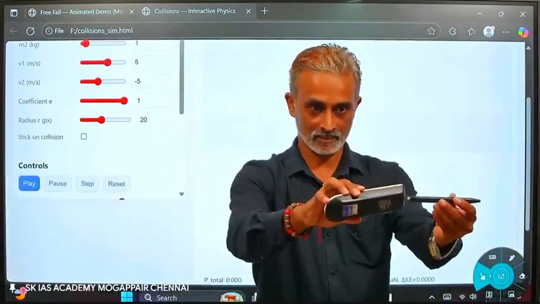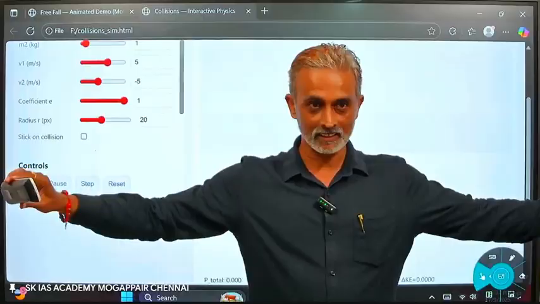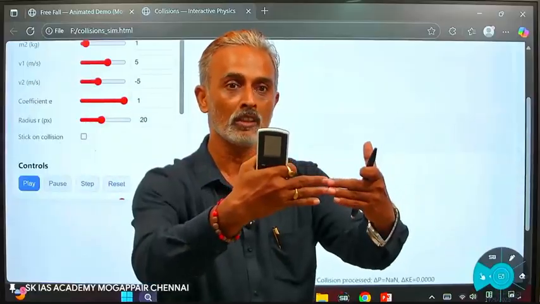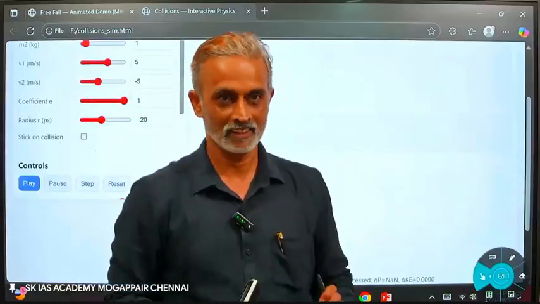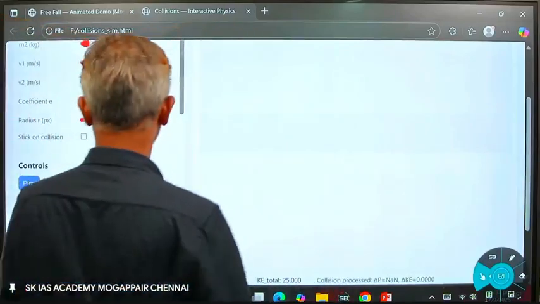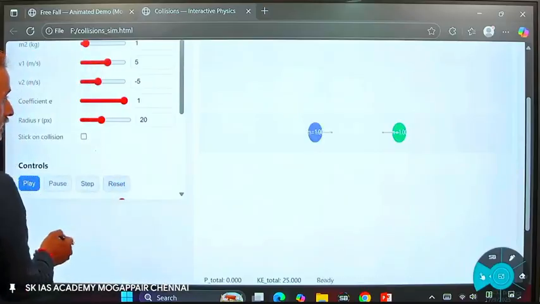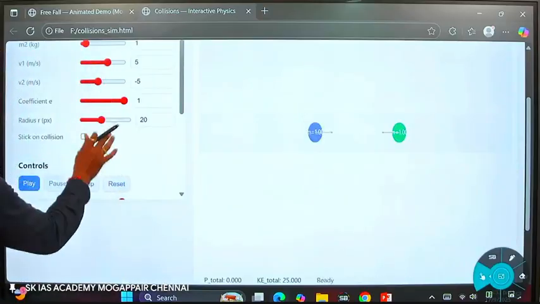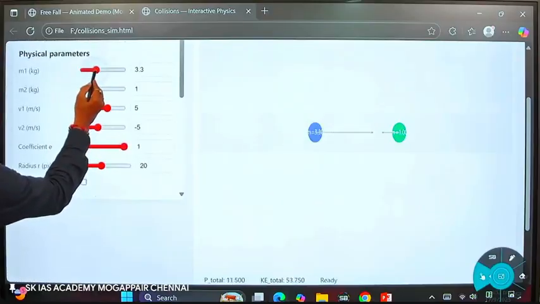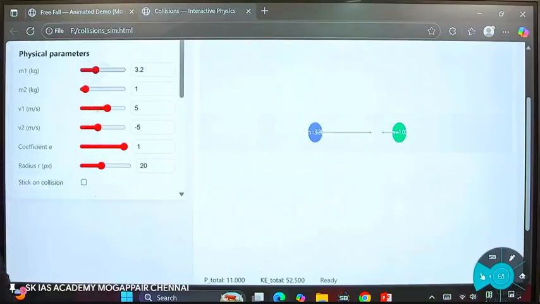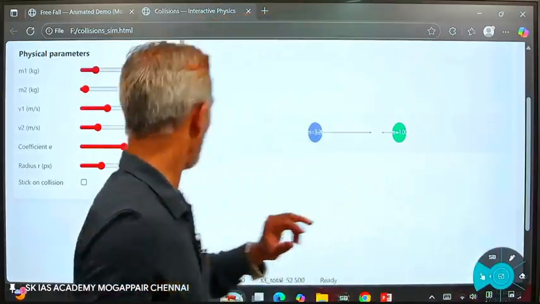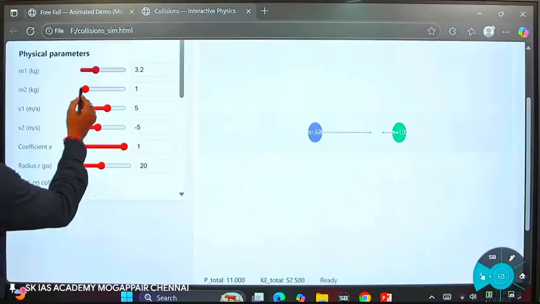Elastic, coming this side, like you will see the collision of two bikes, elastic collision. Okay, see there. Again, I am just increasing the mass a little bit. Why am I going to increase the mass? Because in the exam they are going to be different, so I am going to increase everything.